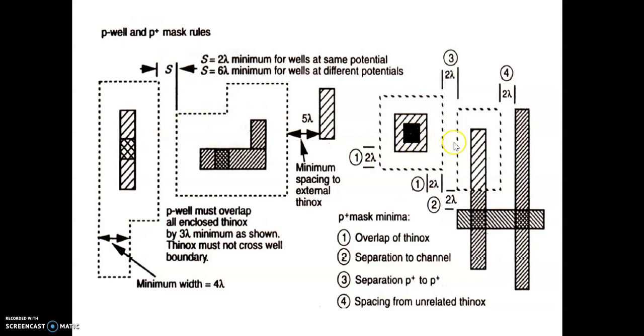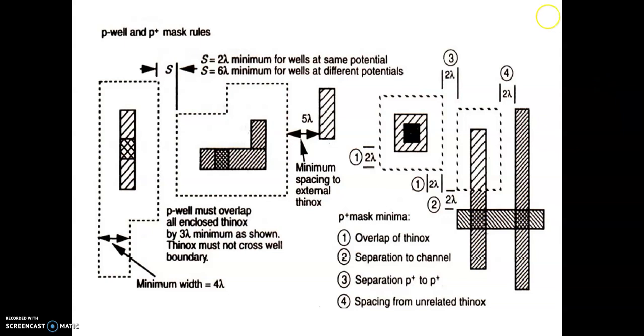P mask, here the distance between two P masks has to be 2 lambda, and between the P mask and the n diffusion it has to be 2 lambda. Between P mask and polysilicon it has to be 2 lambda.